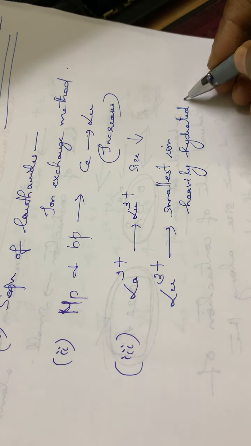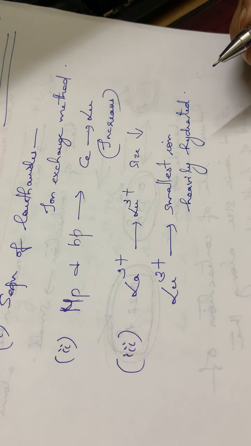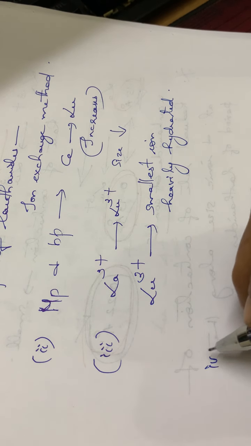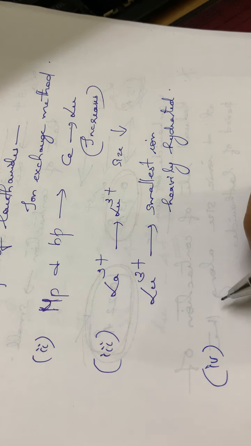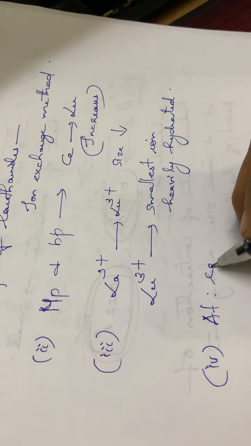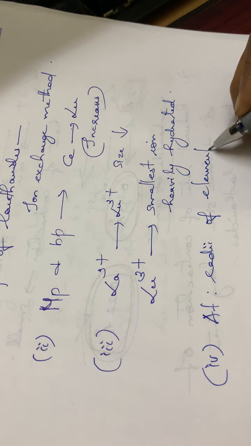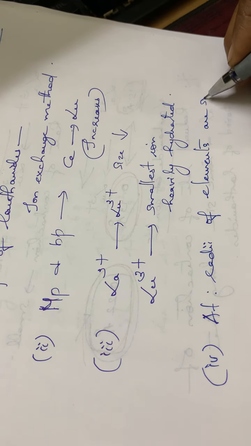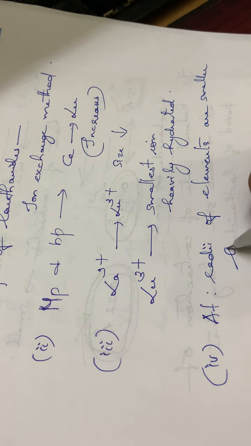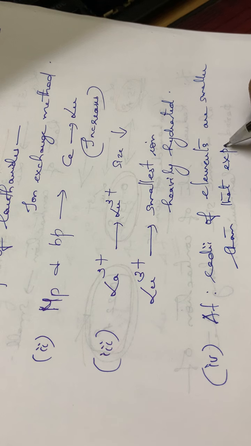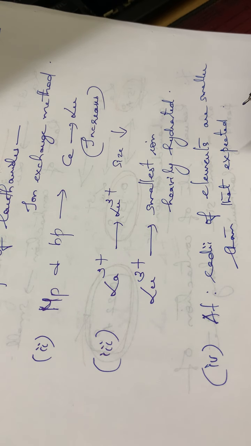Not easily, the exact term is heavily hydrated. Then again, as a result of the lanthanide contraction, the atomic radii of the elements are smaller than expected. So that is another consequence of lanthanide contraction.